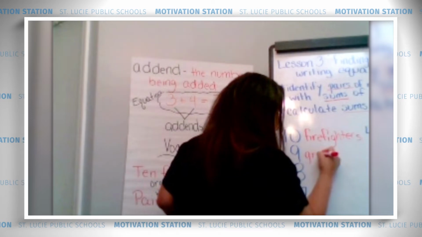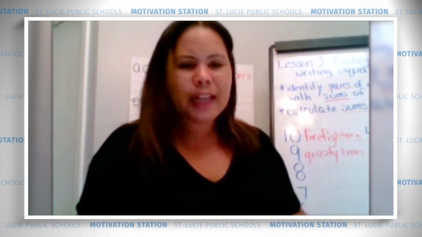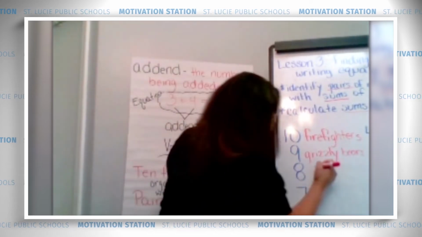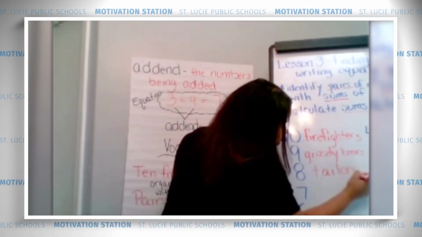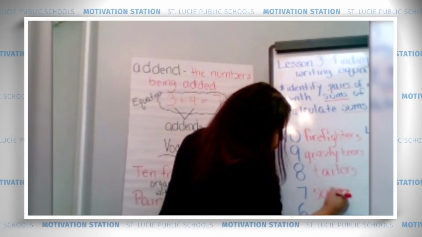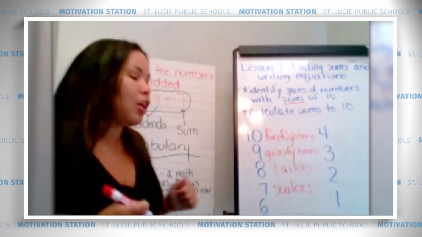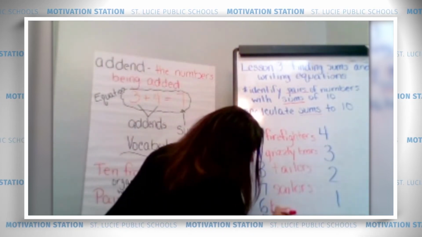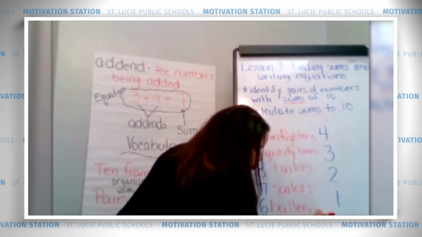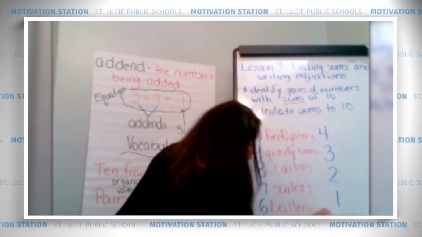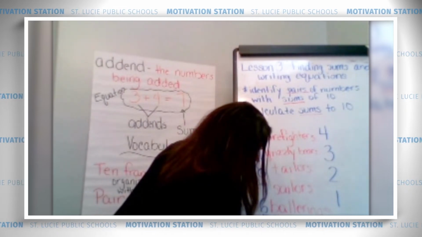You're remembering. 8 tailors. That means there were 7 sailors. 6 ballerinas. 5 shepherds, because the shepherds have their sheep.